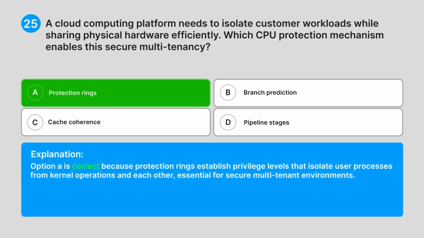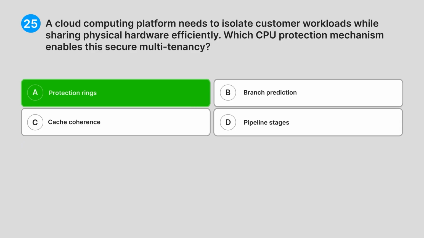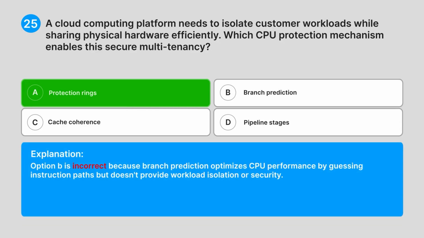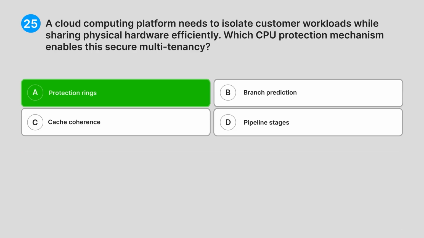Explanation: Option A is correct because protection rings establish privilege levels that isolate user processes from kernel operations and each other, essential for secure multi-tenant environments. Option B is incorrect because branch prediction optimizes CPU performance by guessing instruction paths, but doesn't provide workload isolation or security.